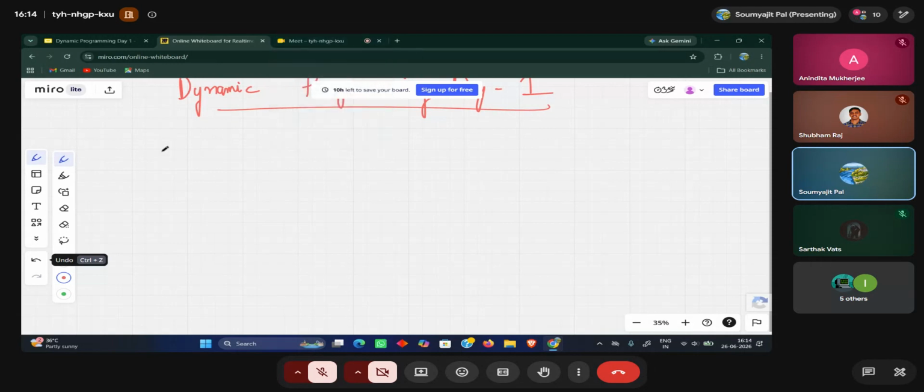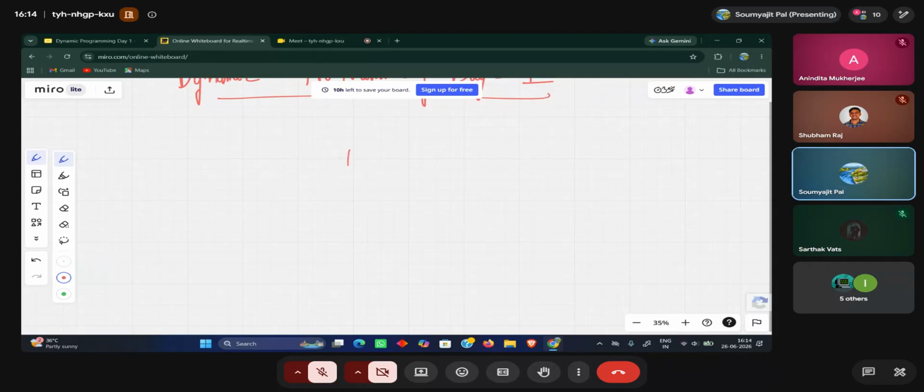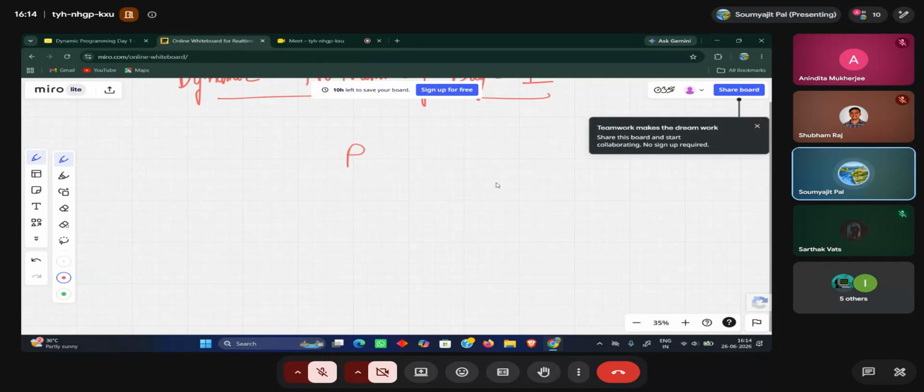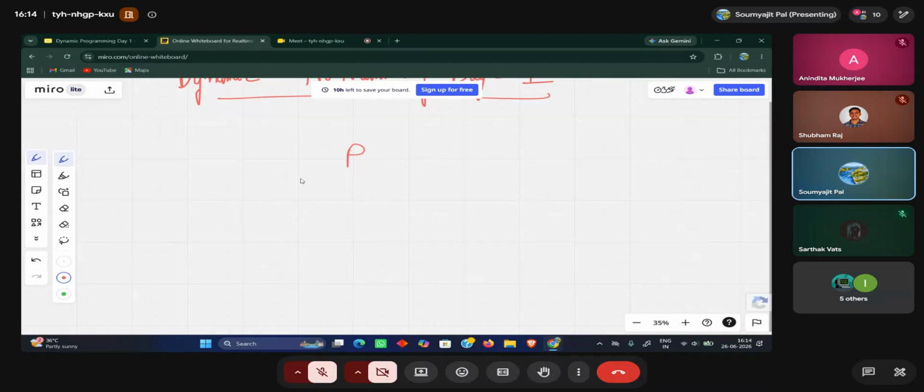Okay, so before starting that, let us revisit what we discussed in the previous class. We were discussing recursion and backtracking. The main idea was that suppose we have a bigger problem P, and since it is very big, we divide it into smaller subproblems, namely P1, P2, P3.